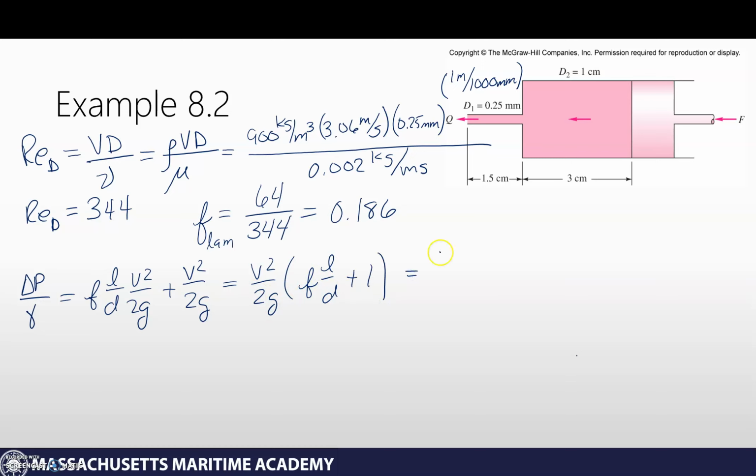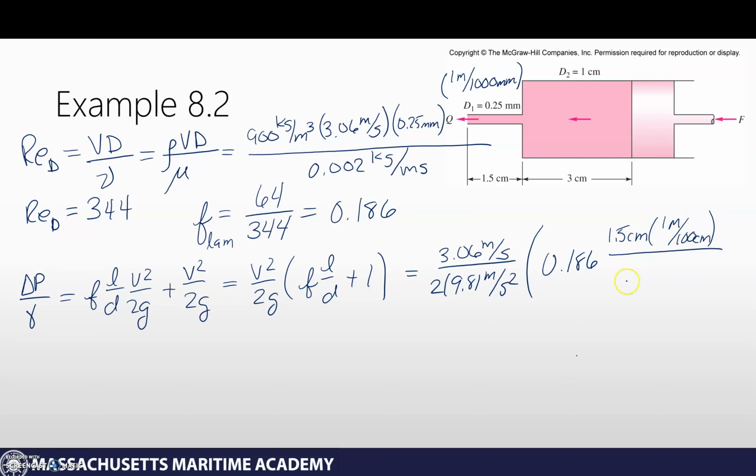So V squared is 3.06 meters per second divided by 2 times 9.81 meters per second squared. Then we're going to multiply that by our Darcy friction factor. We're going to multiply it by the length that we have, and that's basically just our little pipe right there. So 1.5 centimeters, and 1 meter is 100 centimeters.